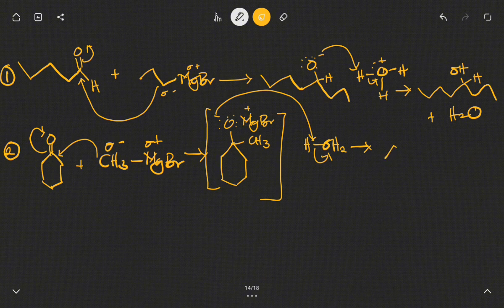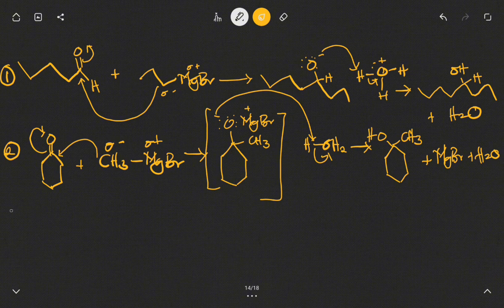We're going to have a tertiary alcohol and a CH3 over here, magnesium bromide with water. Alright, so this is a ketone reacting with the Grignard reagents, and we are having a tertiary alcohol.